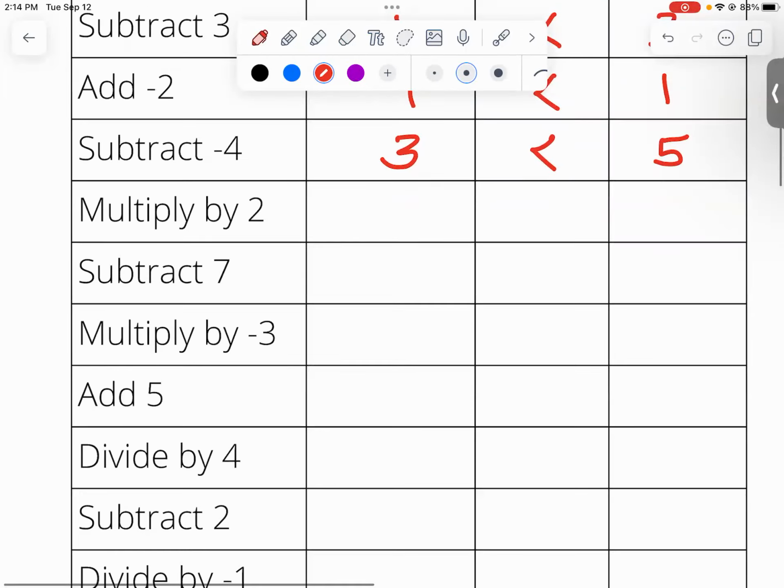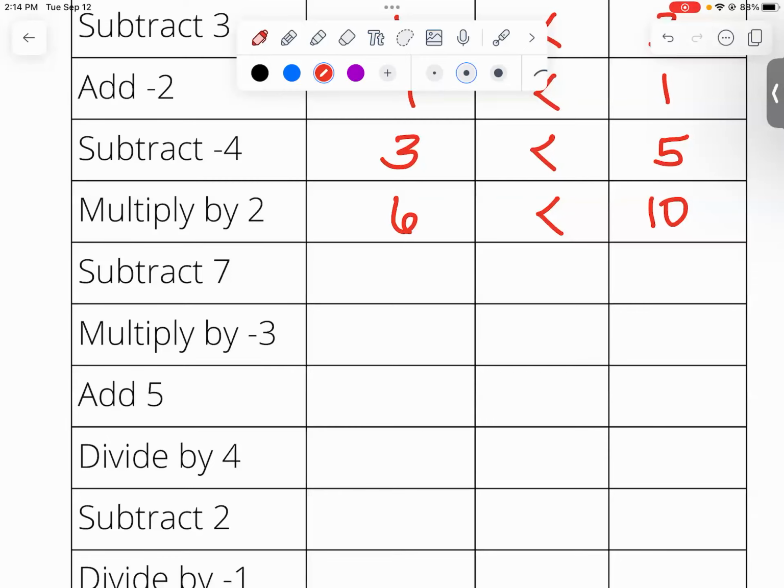Okay. Kyron, if we multiply by 2, what numbers do we have? 6 and then 10. And 10 is still bigger than 6. If we subtract... 10 is still bigger than... yes, no. Oh, 10 is. I thought you just said 10 is still less than 6. 6 is still bigger than.